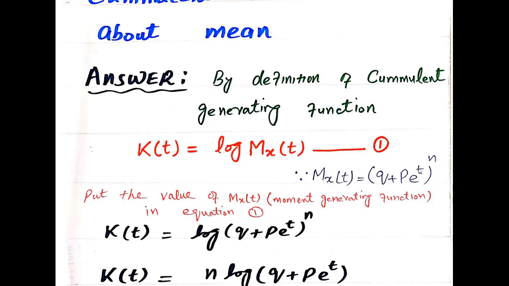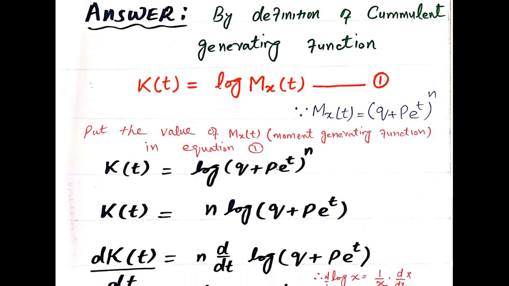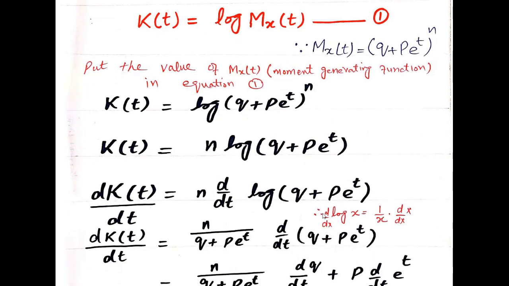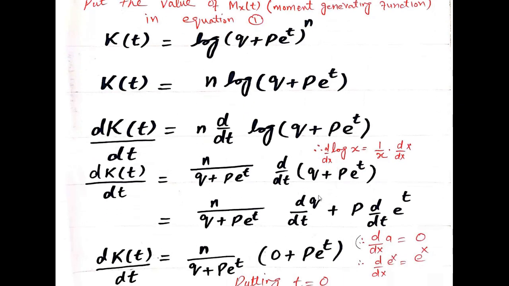So put the value of the moment generating function in equation 1: log of (q plus p e raised to the power t) whole power n. Using the power rule for logarithms, which is multiplication of the power and the log of the number, we get n log of (q plus p e raised to the power t). Taking the derivative on both sides, d over dt of k of t, taking n outside, n d over dt of log of (q plus p e raised to the power t).